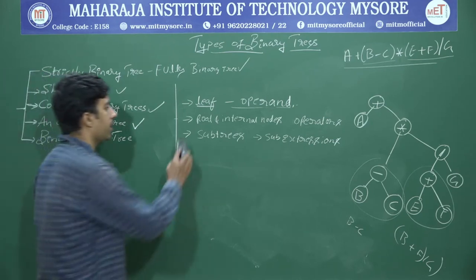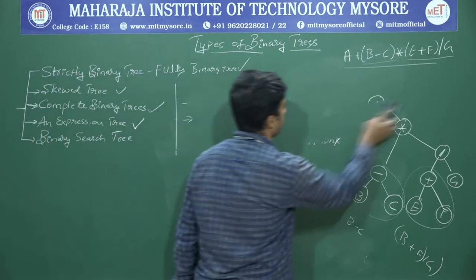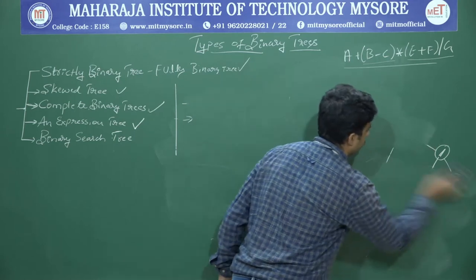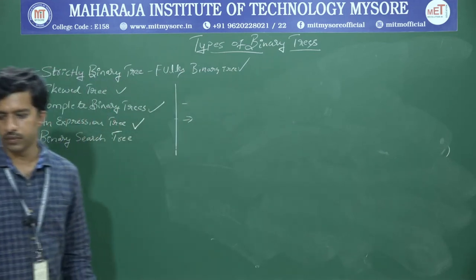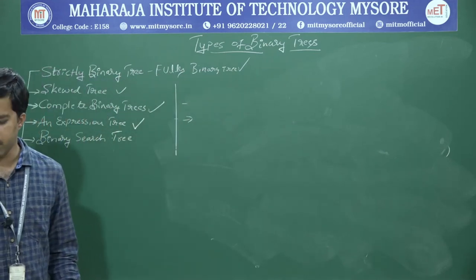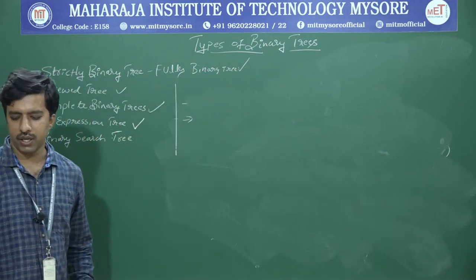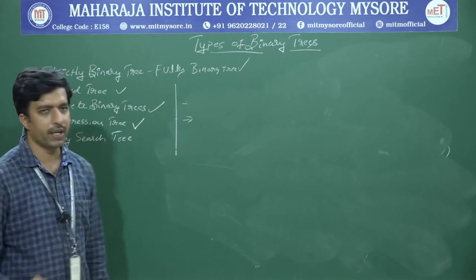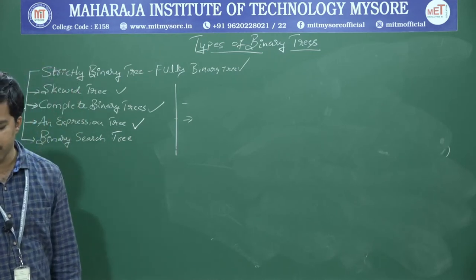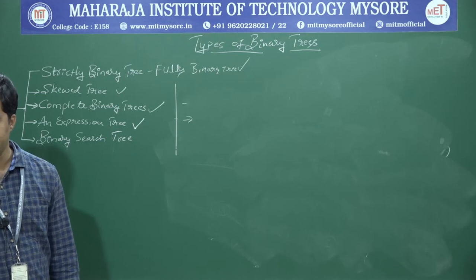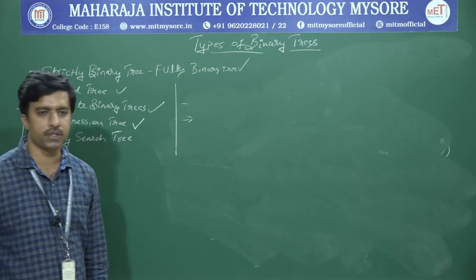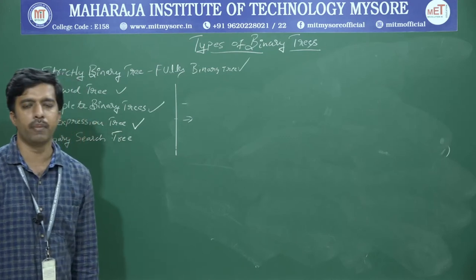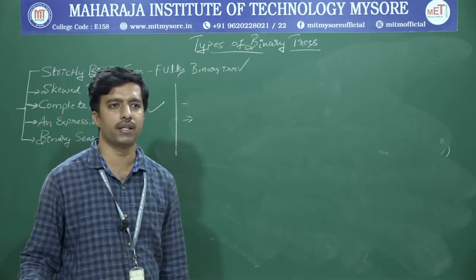Binary search tree. Very important. A binary search tree is a tree in which, for each node, say x, in the tree, the elements of the left subtree are less than x, and the elements of the right subtree are greater than x.